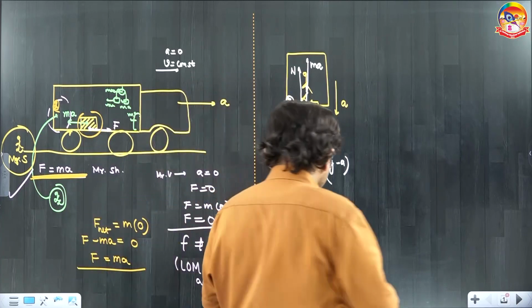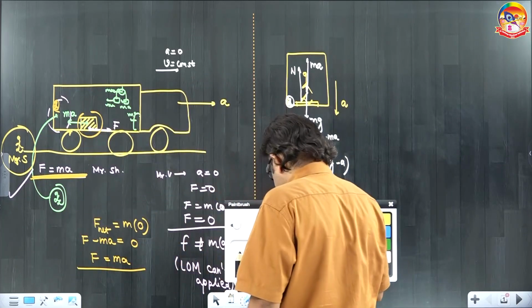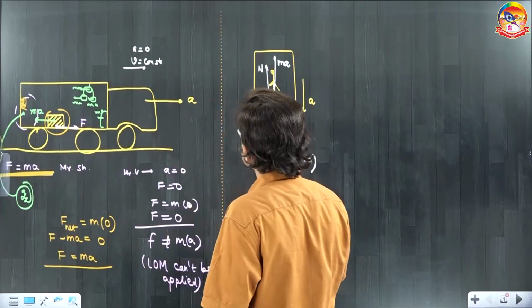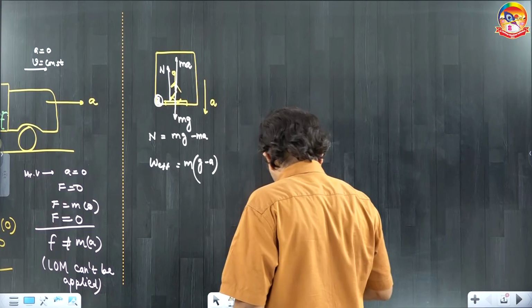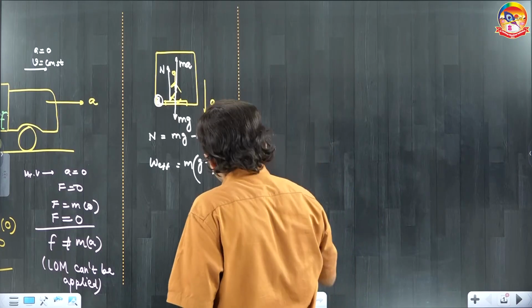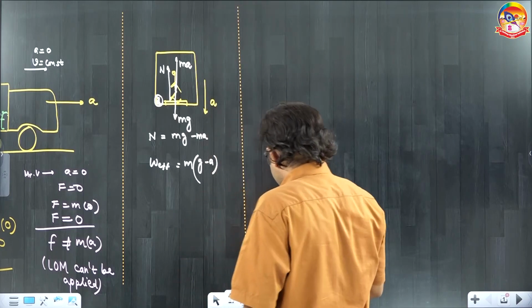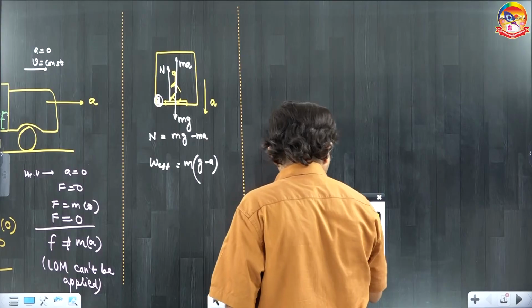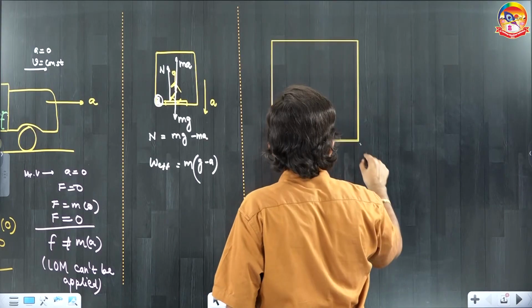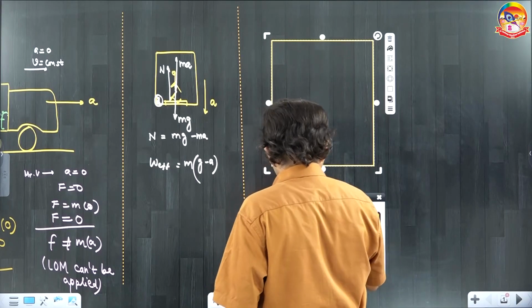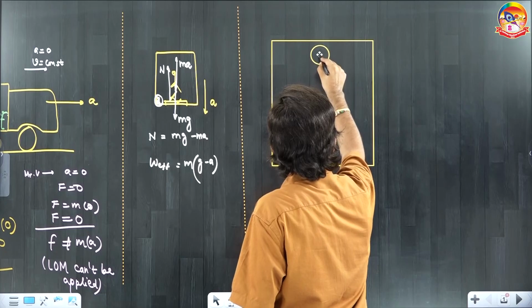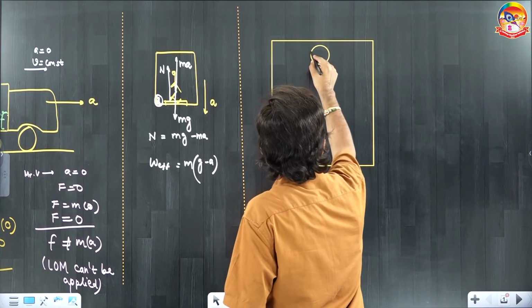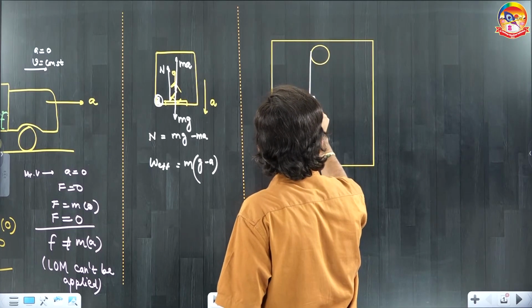Second situation. Let's go ahead and consider another case in the lift only. Now, we will see the Atwood machine inside the lift. Let's take this lift. There is a pulley over here and the blocks are hanging from it.